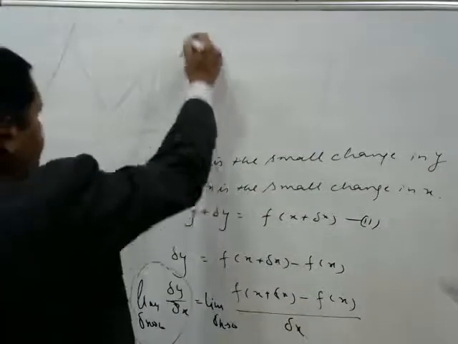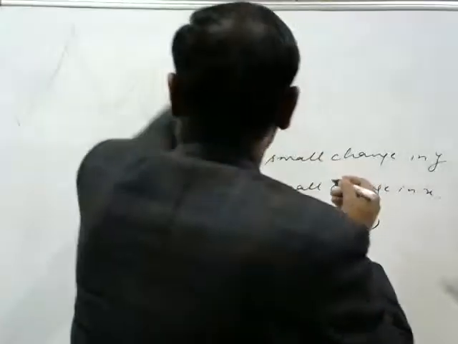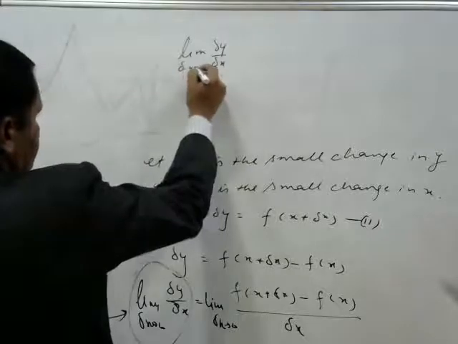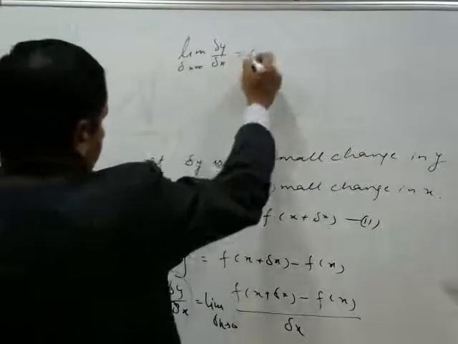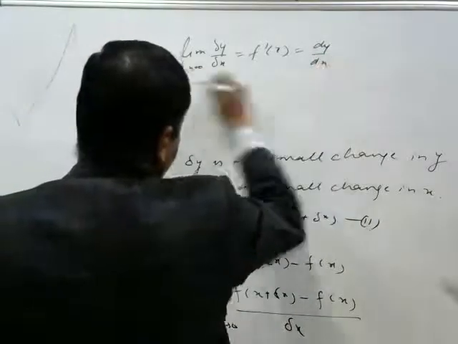Now limit delta y by delta x as delta x tends to 0 is known as f dash of x or dy by dx, that we know.